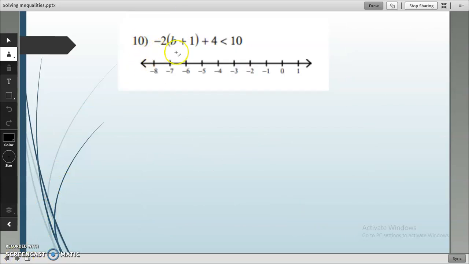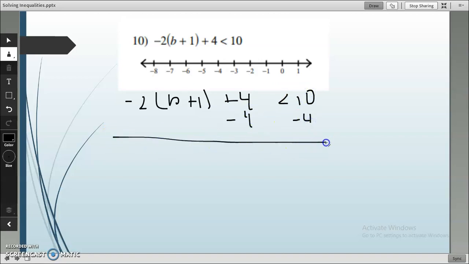All right, the next one. I have -2 times b plus 1 plus 4 is less than 10. According to order of operations, the first thing I need to do is subtract this 4 from both sides. And I get -2 times b plus 1 is less than 6. Again, I'm going to have to divide by a negative.